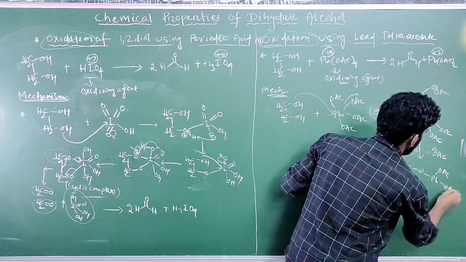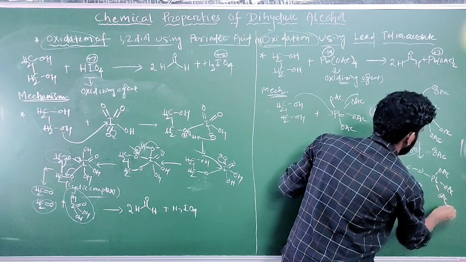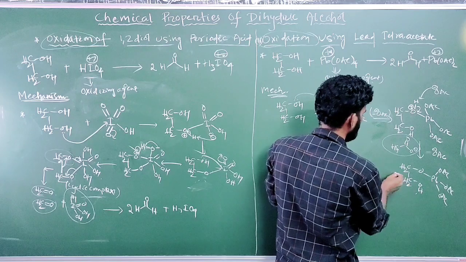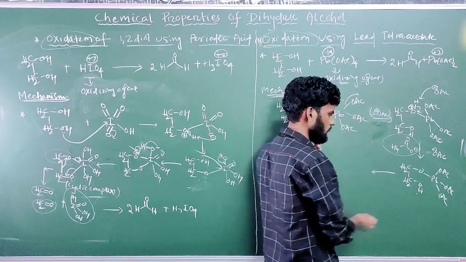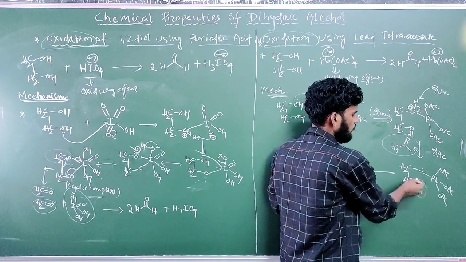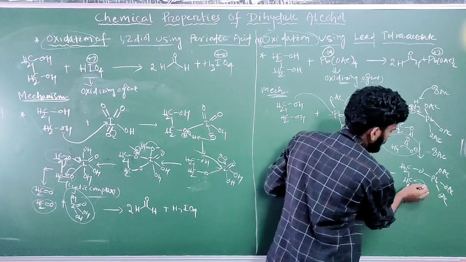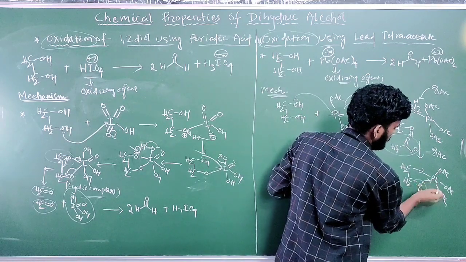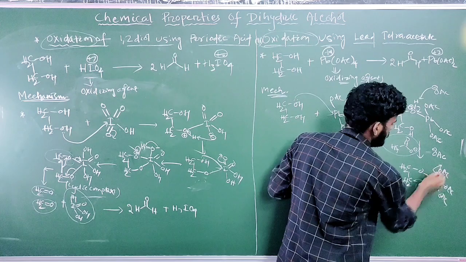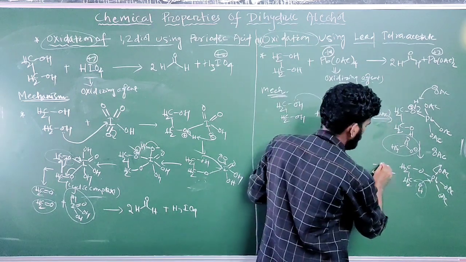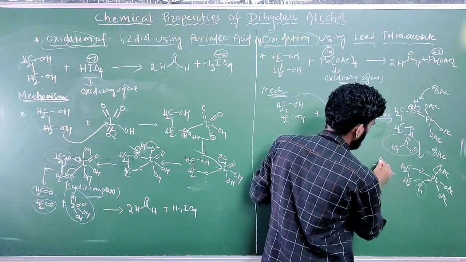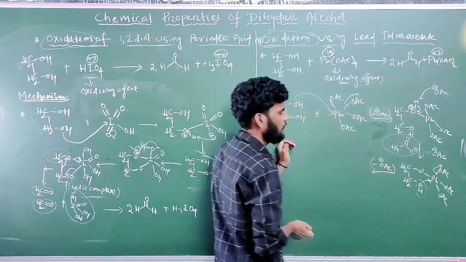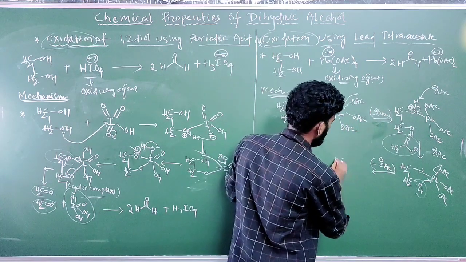In the next step, similar step, there is another hydroxyl group. Again the oxygen lone pair attacks the Pb, and another OAc group is released as acetate minus. So another acetate ion is released, and what will it form?